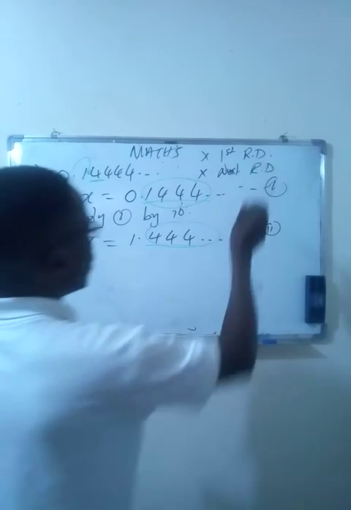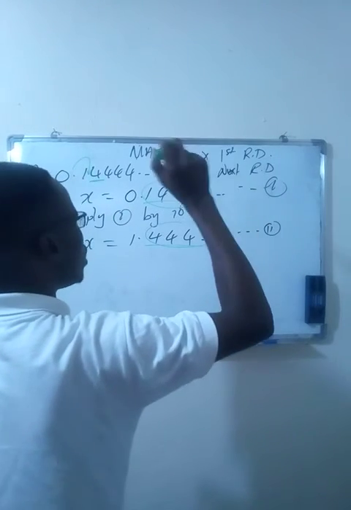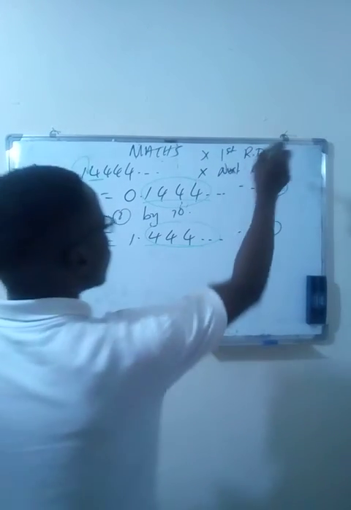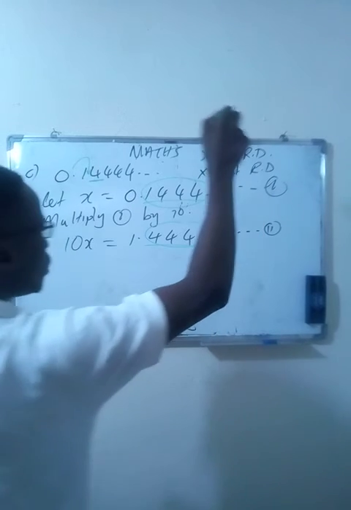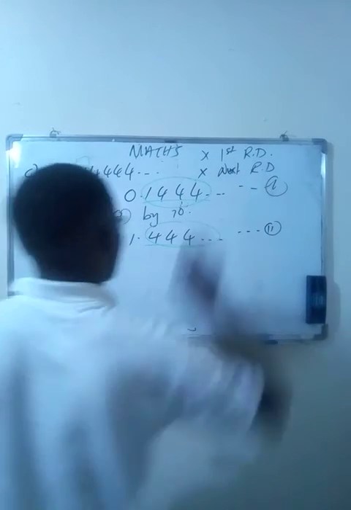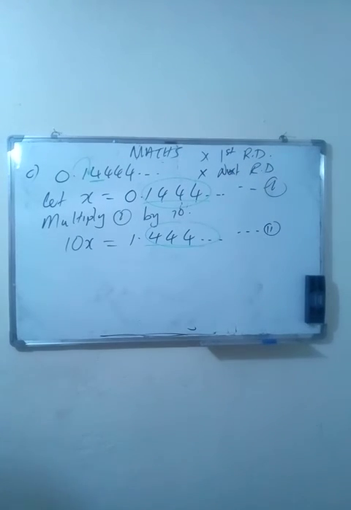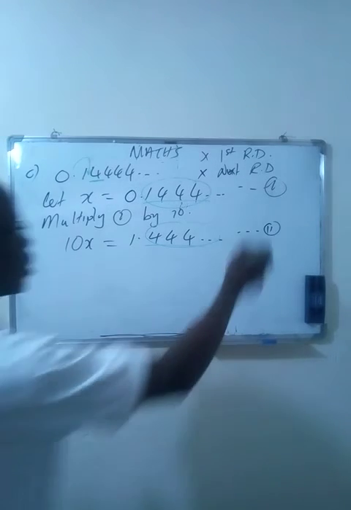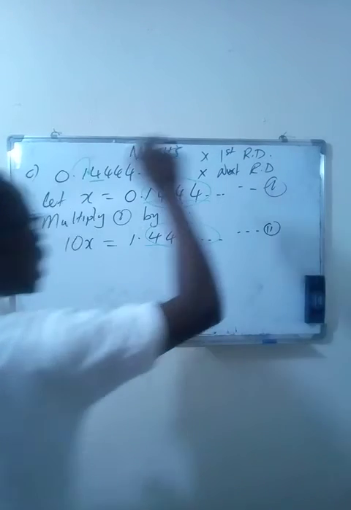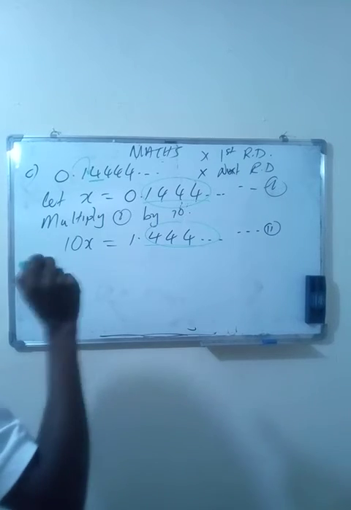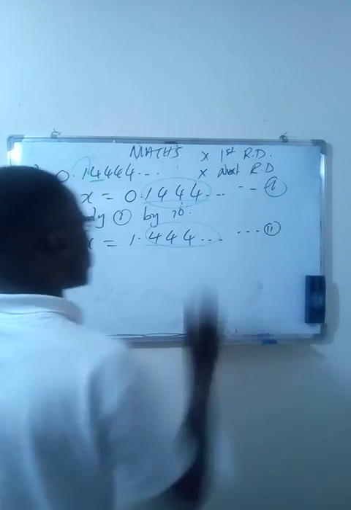By the way, remember I said that the decimal point has to be moved first to the first repeating decimal, and then it is moved to the next repeating decimal. Once that is achieved, then we can go ahead with subtracting the equation that has the decimal point at the first repeating decimal from the equation that has the decimal point at the next repeating decimal.